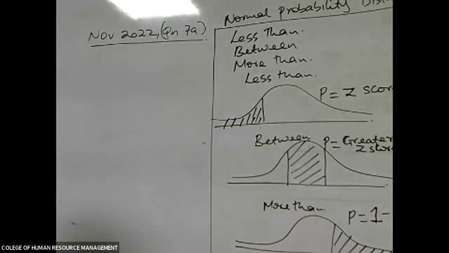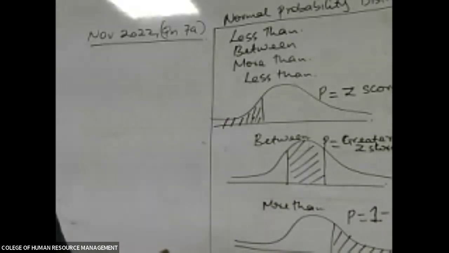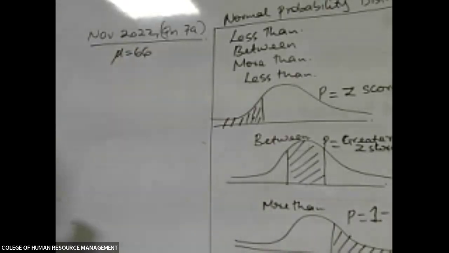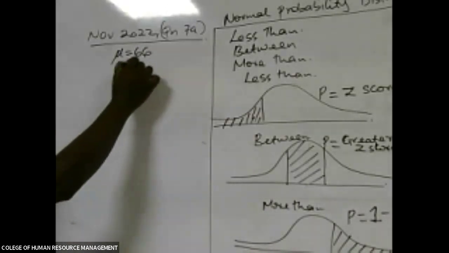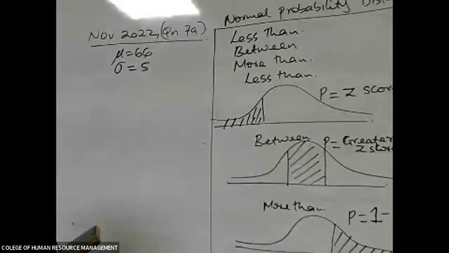What are we told? An ICT examination was conducted for 200 students in a college. The marks scored were found to be normally distributed with a mean of 66. We are given the mean is 66. The standard deviation is 5. And then you're told to calculate the number of students whose marks were above 68.